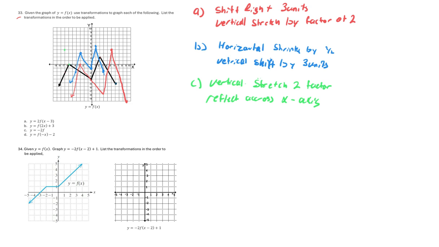And then this -6, multiply it by 2, reflect across the x-axis, should stay at the same point. 0, -4, multiply by 2 to negative 8, reflect across the x-axis. Then 2, multiply it to 4.